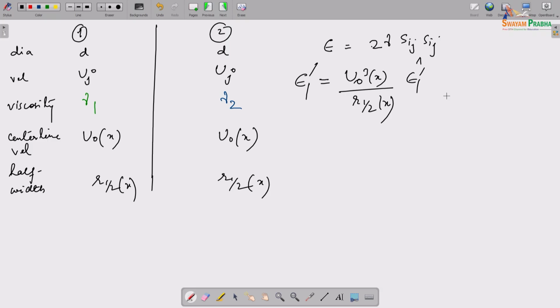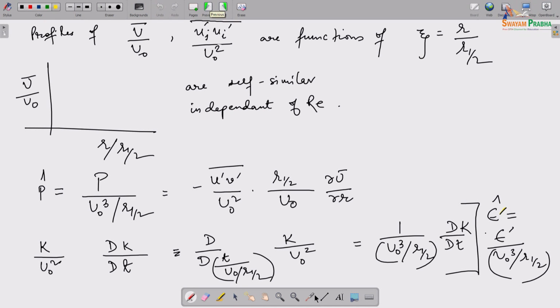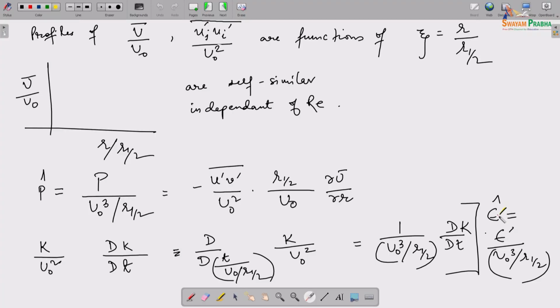So now here comes the point. The point is this term. If you look at this plot here, this will give you the same value for different values of epsilon dash, u naught, and r half. All of these, when you plot them, will fall on the same plot, and therefore they're self-similar, meaning this will always have the same value.